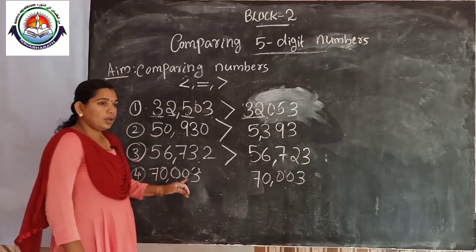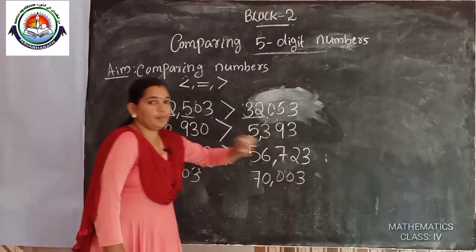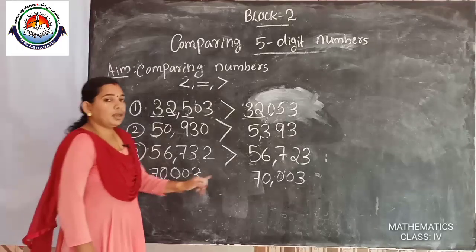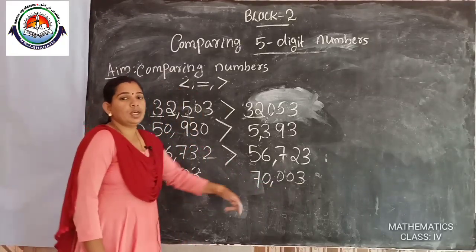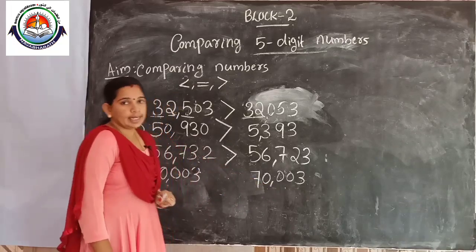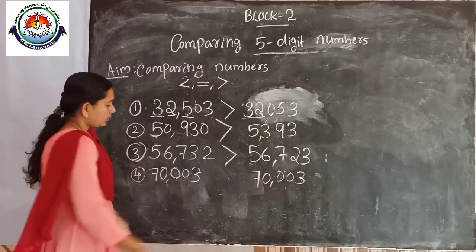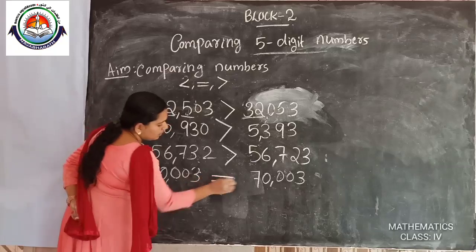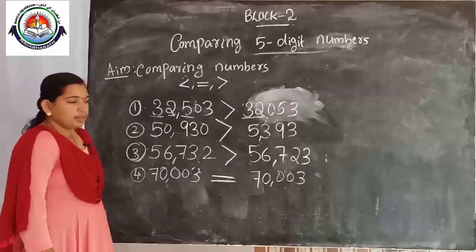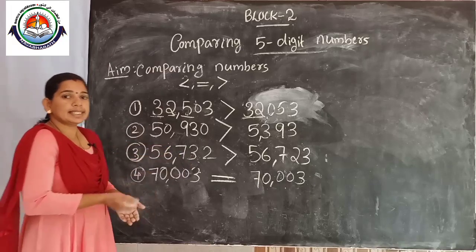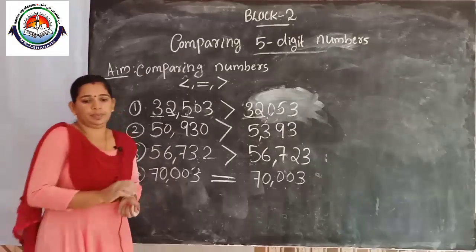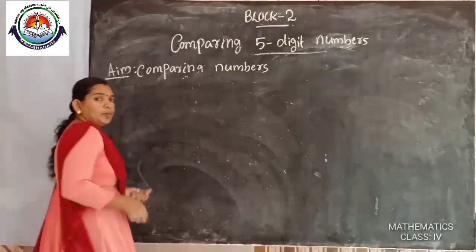Fourth number 0. And here also 0. Fifth number 3 and this 3. So all digits are equal. So both are equal. Got it? In this case all are same. We did greater than symbol only. We will do less than and mixed problems. Some more problems also we will do.